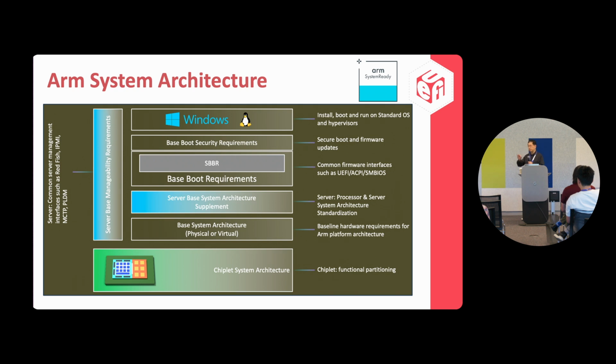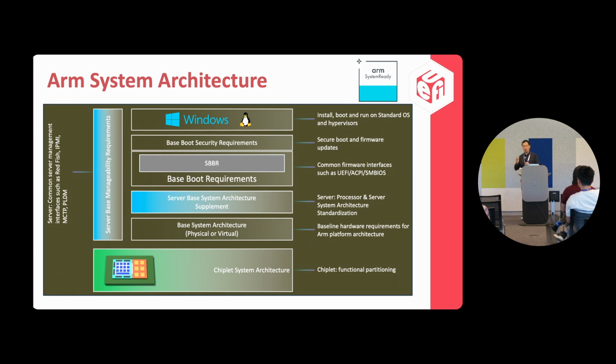So we used to have 4 different bands or recipes or profiles to support different purposes, and it's very confusing. So last November, in the System Ready program, we reduced them to 2 major bands.